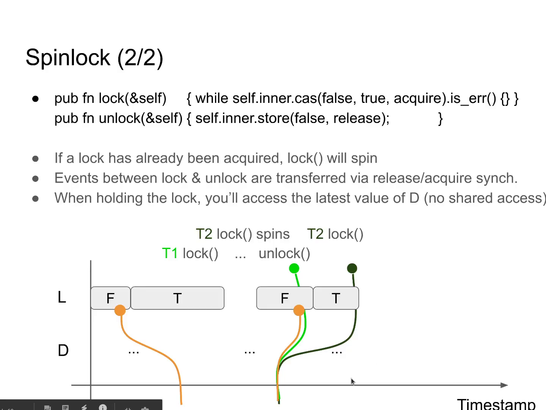And as a result, there should be no concurrent operations among T1 and T2. And that is guaranteed by this release acquire synchronization from unlock to the message to the lock function. So this is basically the meaning of the second line: events between lock and unlock function are transferred via release acquire synchronization.